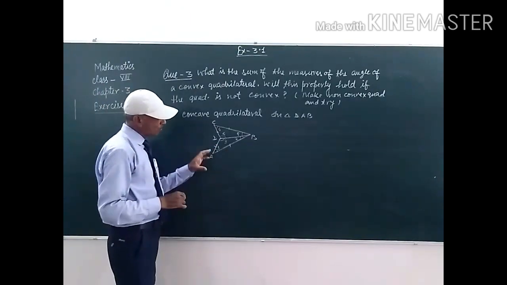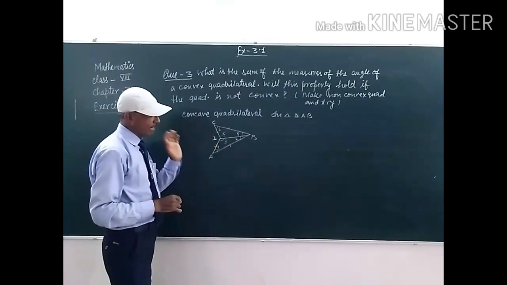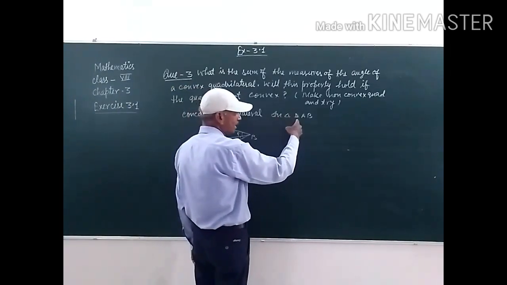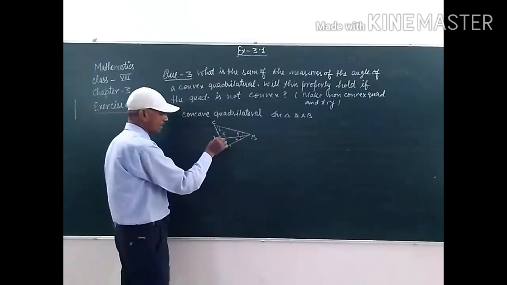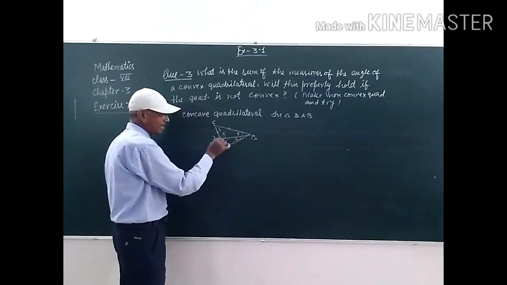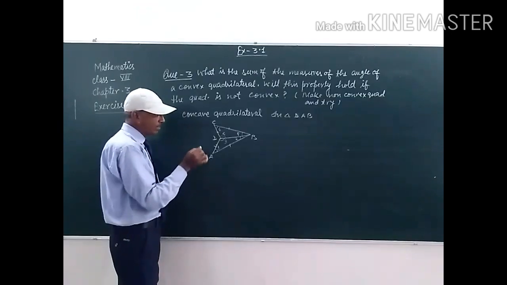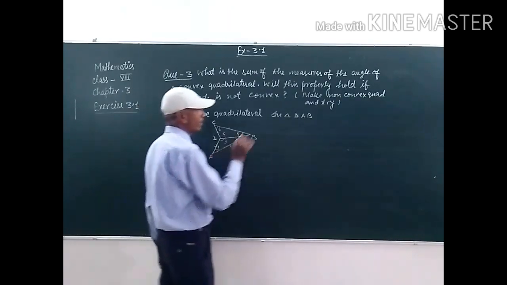Now we have to find the sum of all angles. In triangle DAB, student, the sum of all angles of a triangle, we know, is 180 degrees.